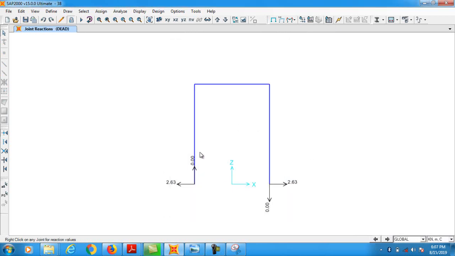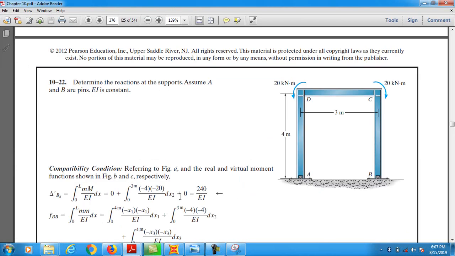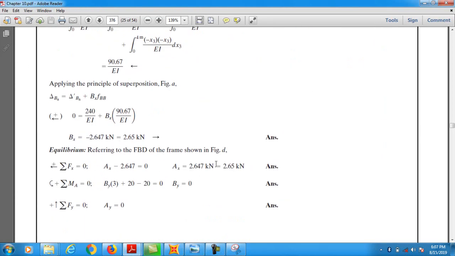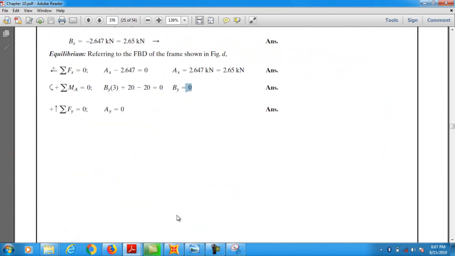You see, the vertical moment does not cause any kind of vertical loading. They are causing horizontal, and as I already mentioned, the beam is symmetrical about loading, so therefore reactions are equal. So let us check the results. 2.65, 0 and 0.